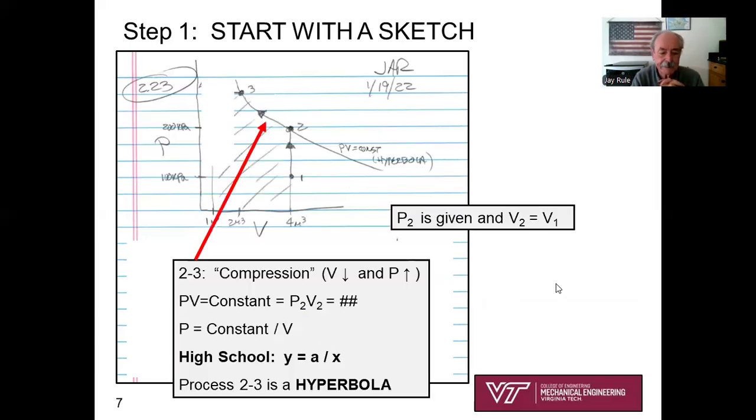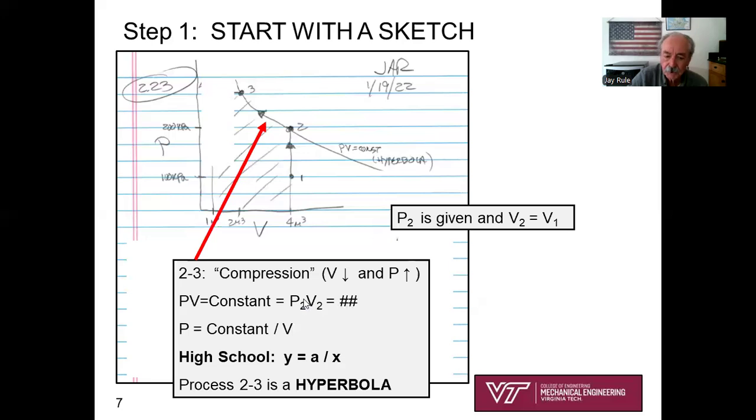Next process, in the problem statement, it said PV equals constant. That's the process path, okay? Compression process. So at least I know the volume's going down from state 2 and the pressure's going up. At least I got that part. So I know I'm headed somewhere up and to the left. What's PV equals constant? Well, at least you know that P2V2 is some number.